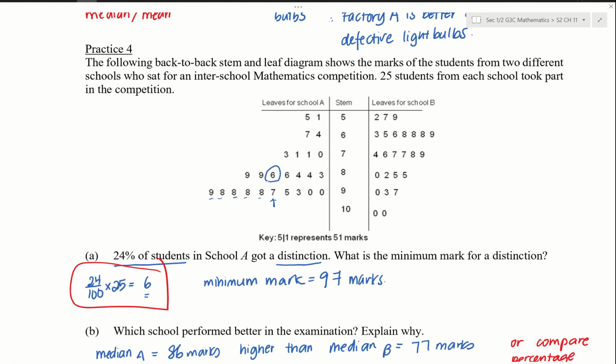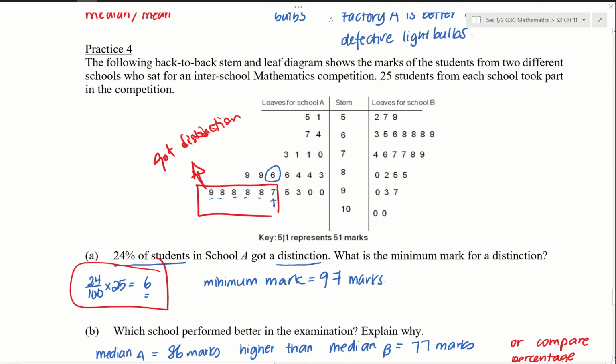The largest number, which is 98. 1, 2, 3, 4, 5, 6. This is the cutoff. These are the people who got a distinction, and the minimum mark is 97.